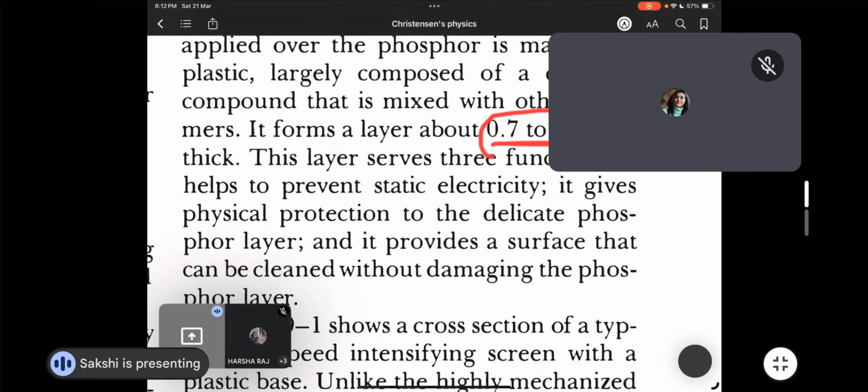Otherwise, when you are storing the films one by one adjacent to each other, it will create static electricity, right? Plastic can also form static electricity. So that is why we are using such a material in this protective layer, which can prevent static electricity. That is the cellulose.